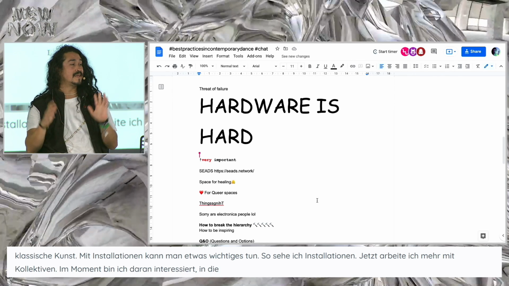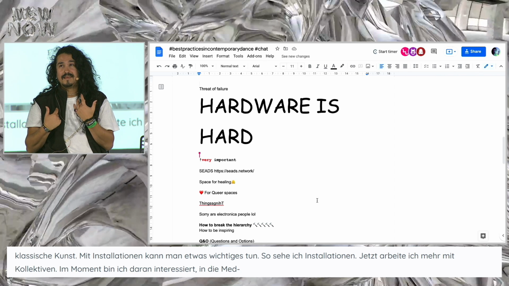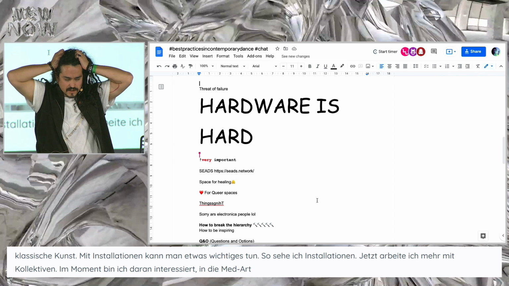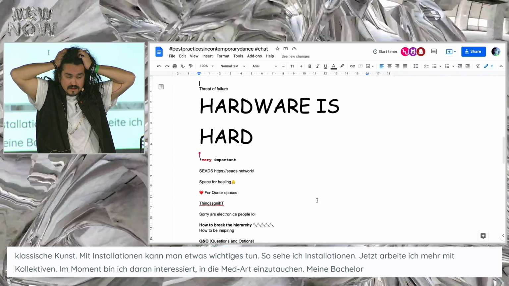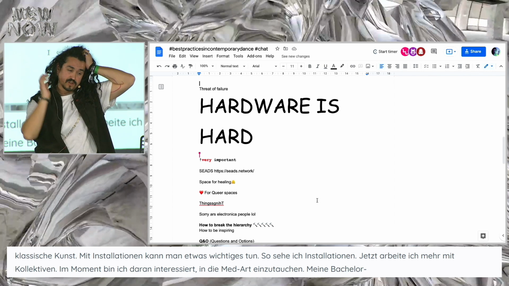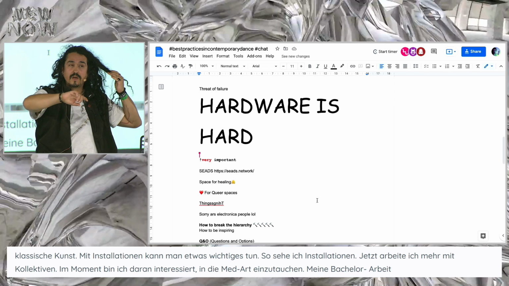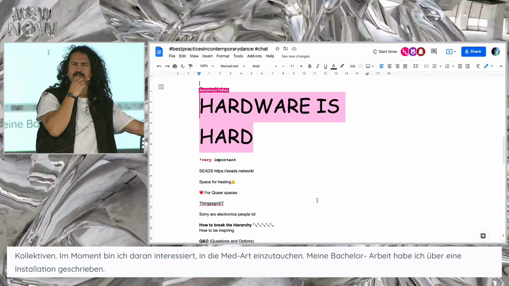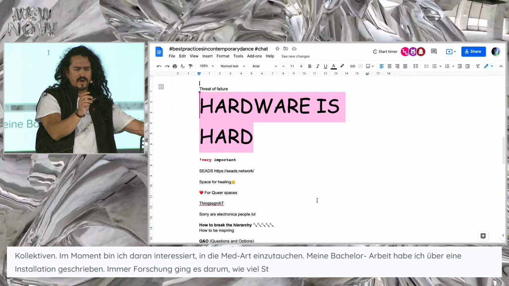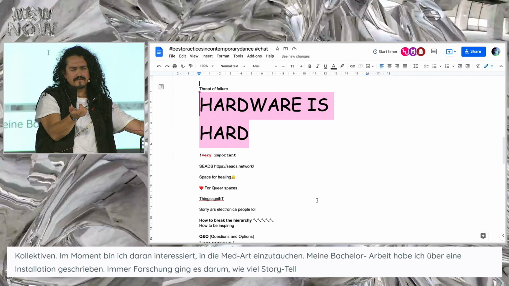Practically speaking, my bachelor thesis was about technology embodied somehow, and I tried to propose an installation. One of the questions in my research was how much visual complexity, storytelling, and technical complexity.